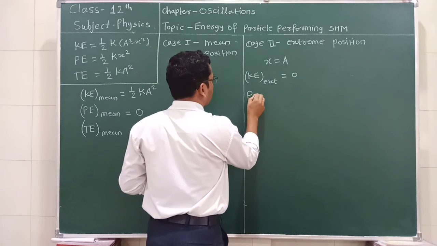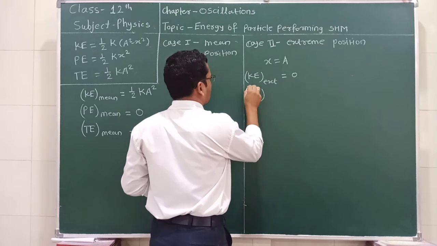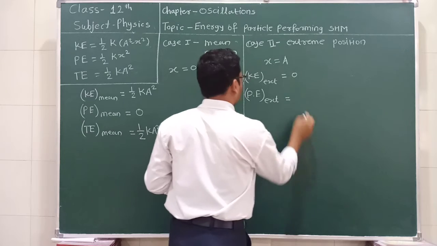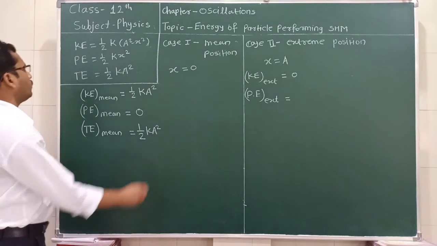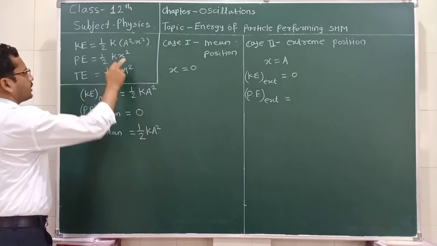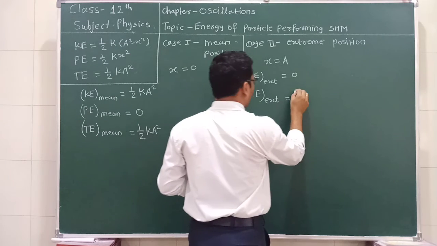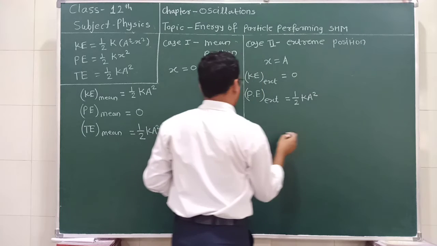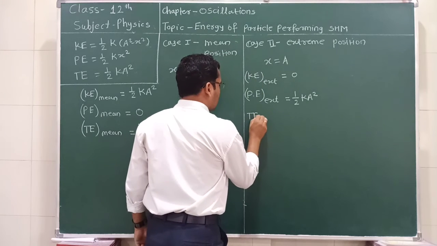What is the potential energy at the extreme position? Now x is equal to a, so it becomes 1/2 k a². Then what is the total energy?